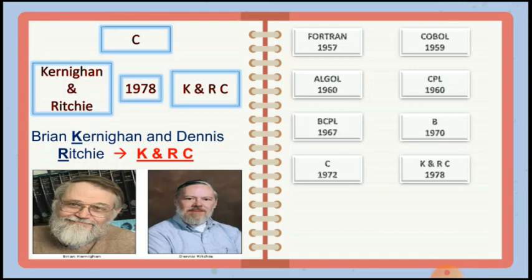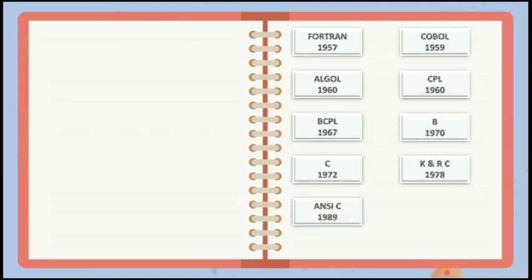So after C language, multiple versions of C language were created, and most of the people were using the older version. So they wanted to standardize this version.